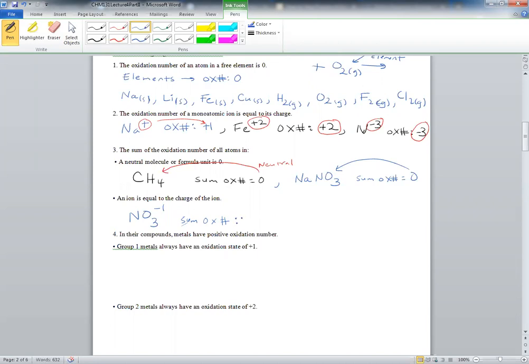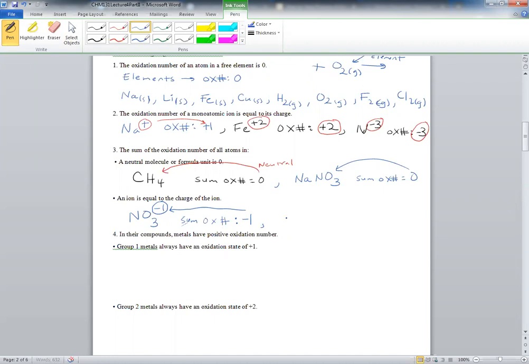Of negative 1. Right there. That negative 1. Of course, if it says a negative by itself.